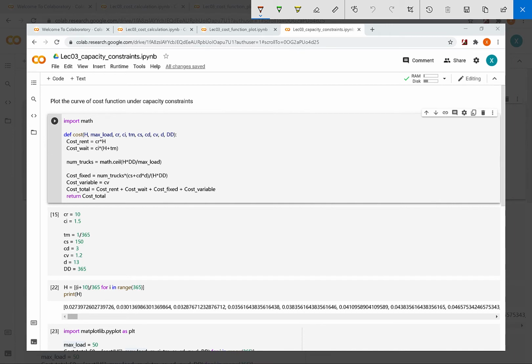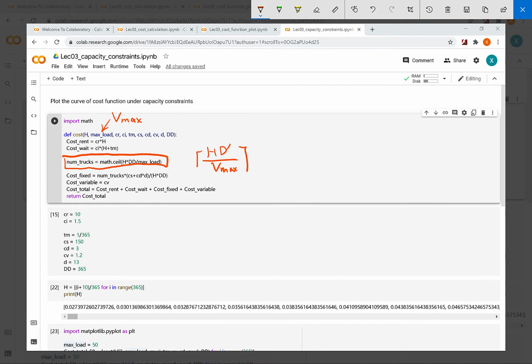Let's use Colab to show what will happen if we consider the capacity constraint. First, let's adjust the cost function. Now we give another parameter, the max load, which is V max. The only thing we need to adjust is the number of trucks. So we have h d prime divided by max load, and then round it up to the integer.